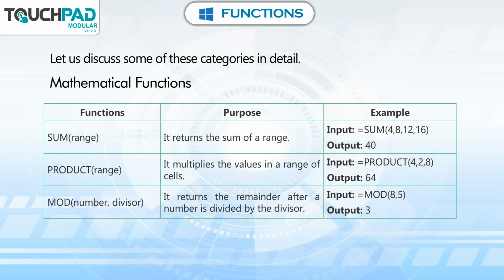It multiplies the values in a range of cells. Input: equals PRODUCT(4, 2, 8). Output: 64. Mod, number, divisor. It returns the remainder after a number is divided by the divisor. Input: equals MOD(8, 5). Output: 3.